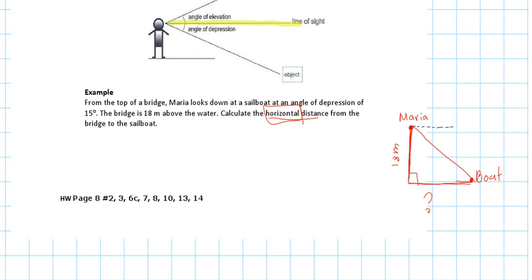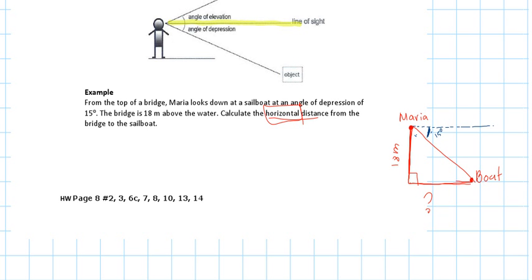Will it be this one that's 15 or this one that's 15? The second one I'm pointing at, because it's between the horizontal line and the object, right? So this right here is 15 degrees.